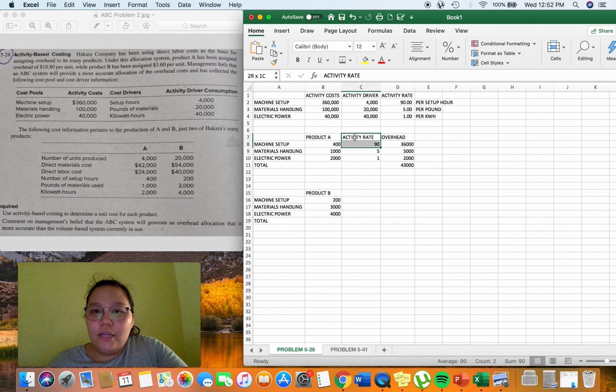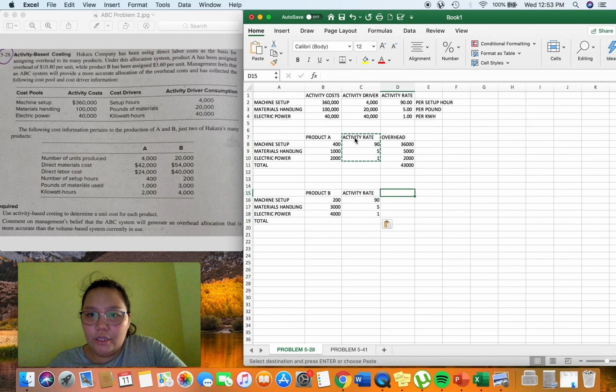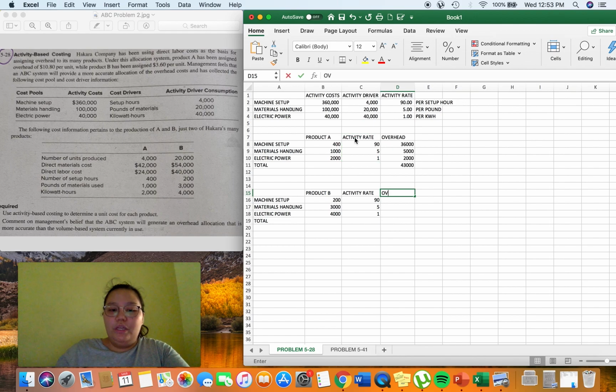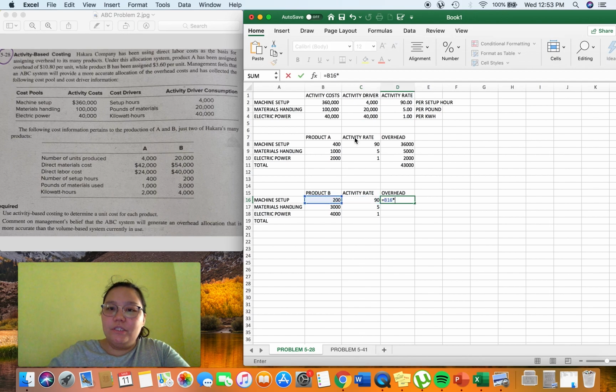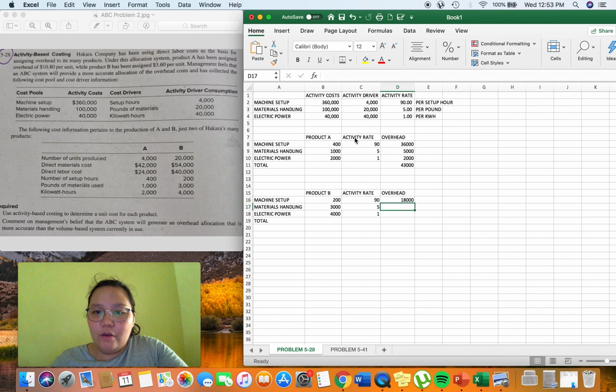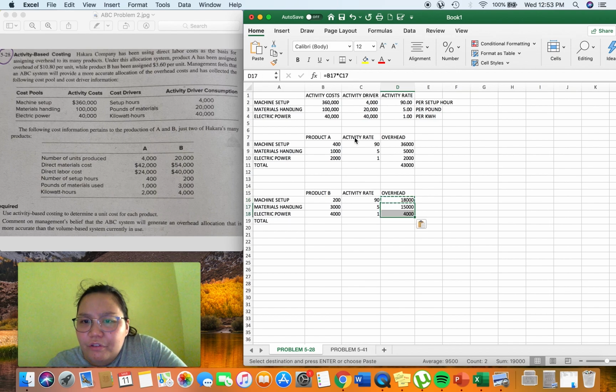Then we'll copy the activity rate again, and then multiply. So we get the overhead allocation for product B. So 200 times 90 will get 18,000 for machine setup, 15,000 for materials handling, and 4,000 for electric power, for a total overhead cost of 37,000.